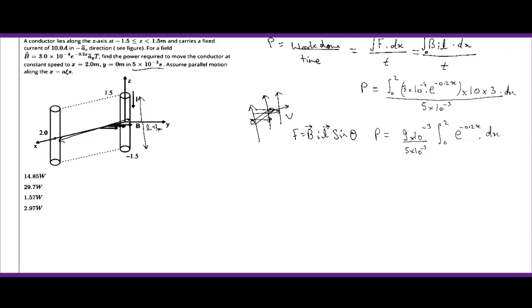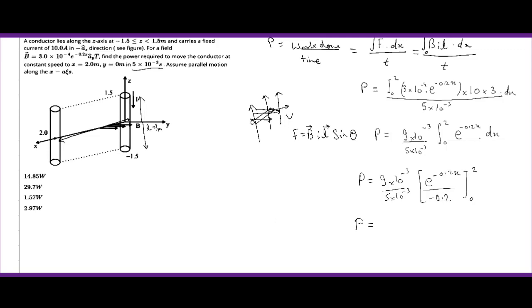So we solve this. P is equal to 9 × 10^-3 upon 5 × 10^-3, and we are getting the value as e^(-0.2x) divided by whatever the constant is there with x. We introduce the limit 0 to 2, so we have the value.